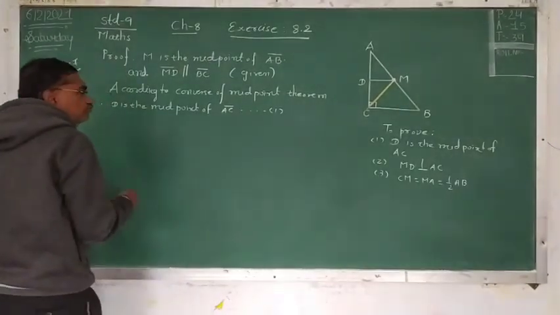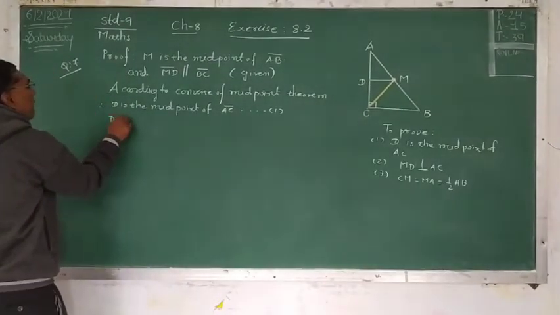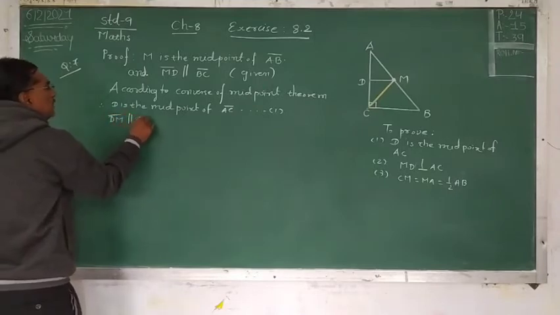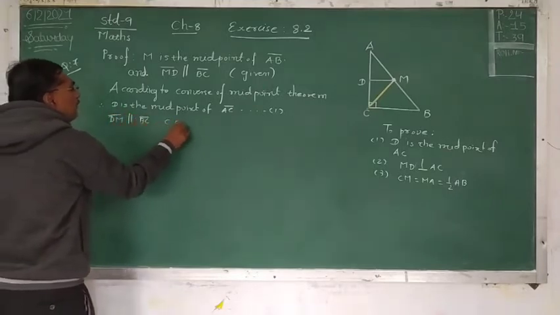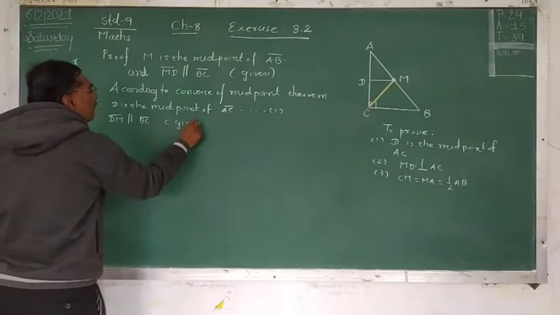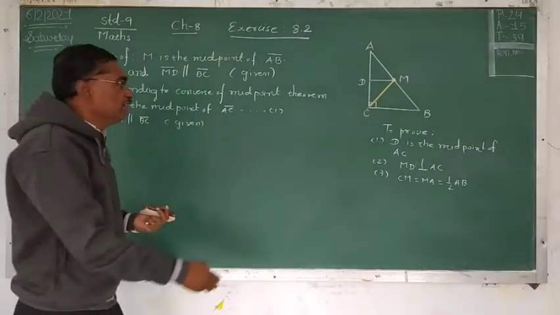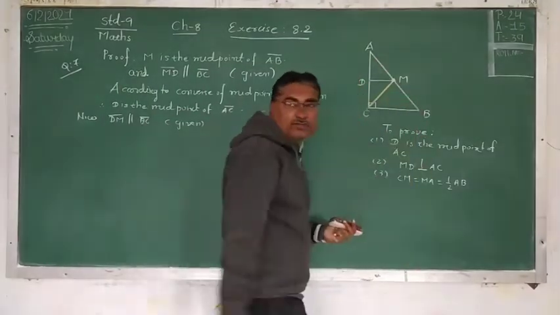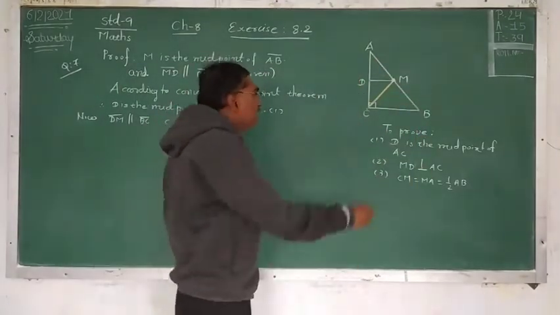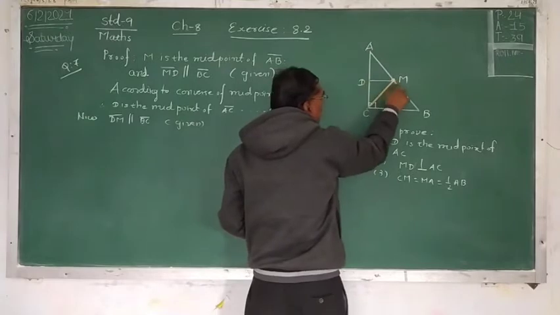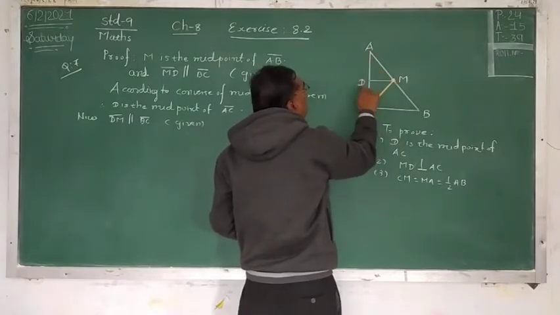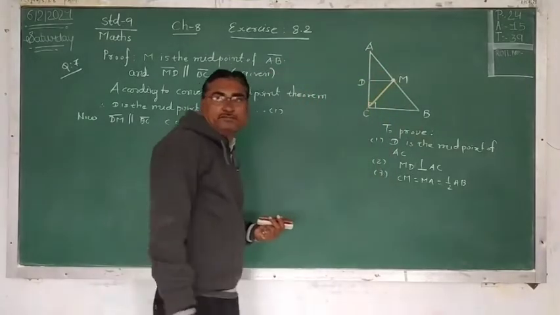DM parallel to BC is given. Now take two angles, ADM and DCB.